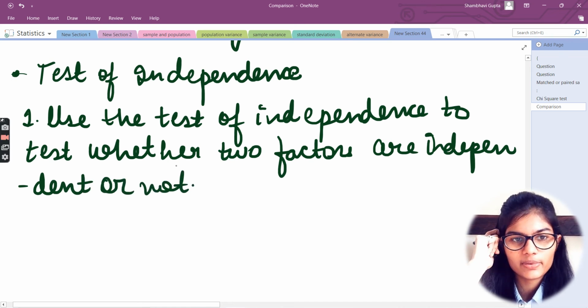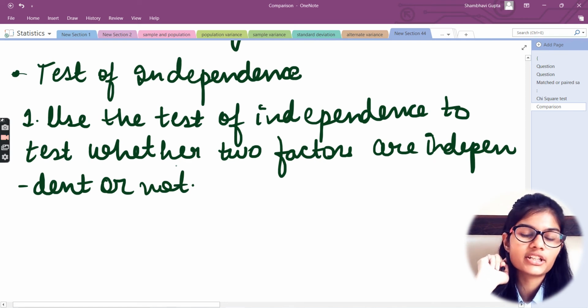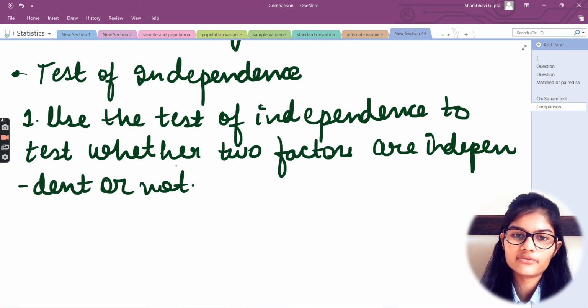So first of all, the test of independence is used to test whether the two factors are independent or not.